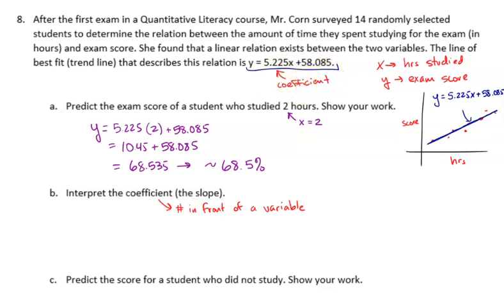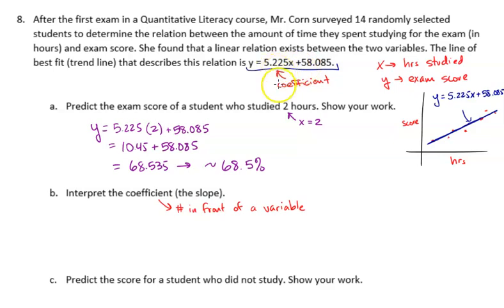So what does that coefficient mean in our model? Well, every time I increase this value by 1, then this number is getting another 5.225 added to it.